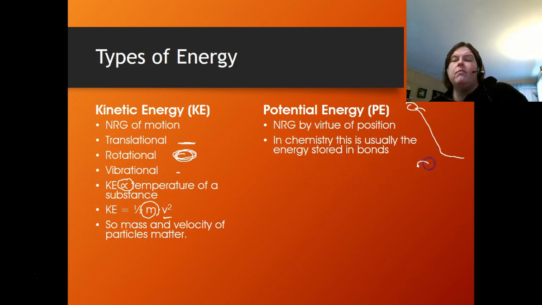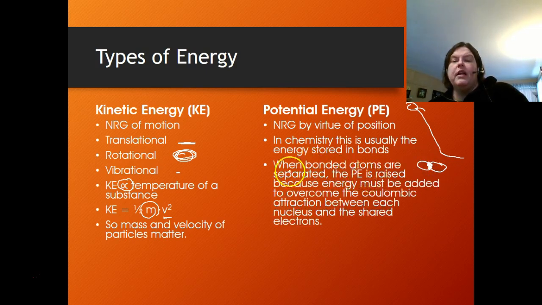So we have atoms that come together and join. And this bond area right here is an area of stored energy. So when bonded atoms are separated, the potential energy has to be raised, because you have to add energy to overcome the attractive forces between them. There's an attraction here that's holding these electrons and these atoms together.